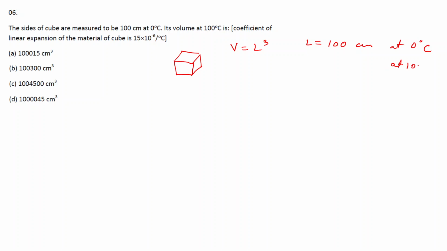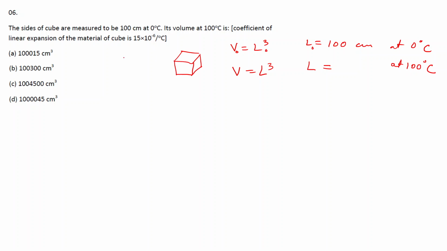At 100 degree centigrade we know there will be expansion, and because of that, if I got this as L naught, and this volume will be this, and at higher temperature the side will have some other value, and based on that there will be some other volume. So what will be the value we need to calculate?